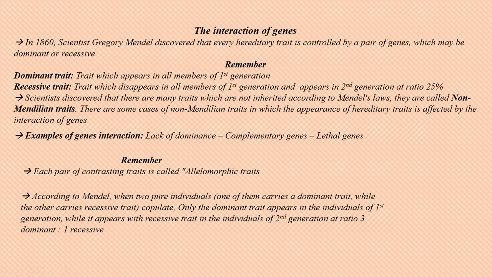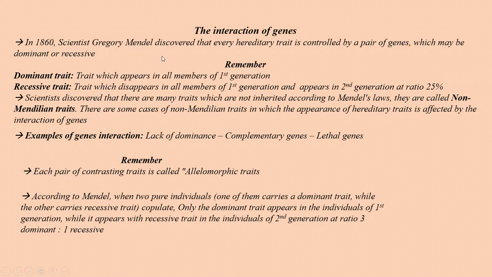When Mendel discovered that every hereditary trait is controlled by a pair of genes which may be dominant or recessive، يا إما يكون dominant يا إما يكون recessive، he didn't know that there will be other genes appearing. ما قال مش ممكن كله خلاص dominant or recessive.